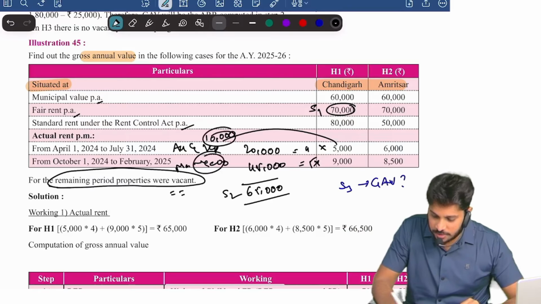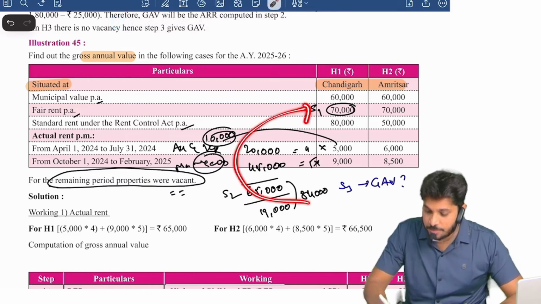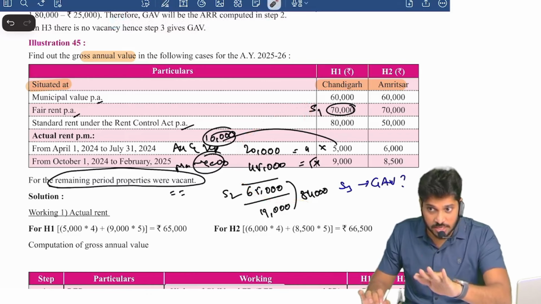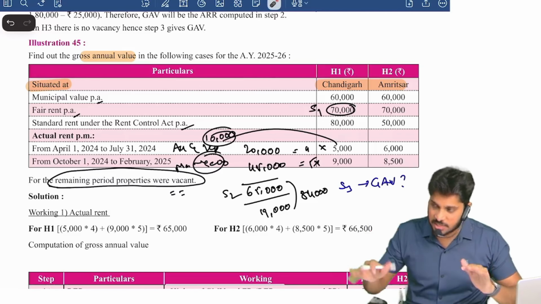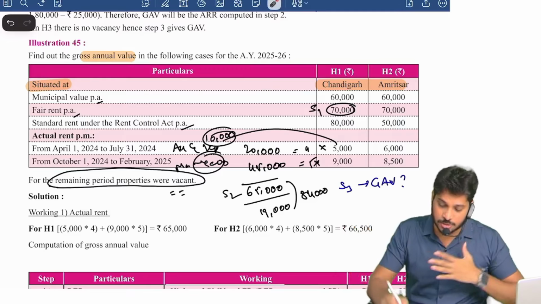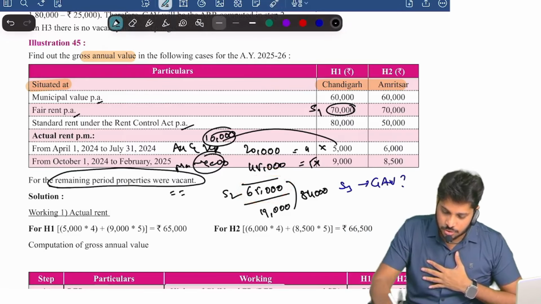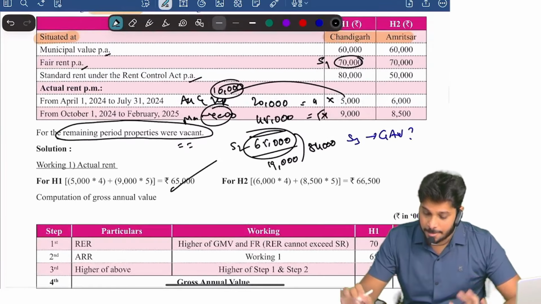So she would have received another 19,000 extra. If there is no vacancy, the answer would be 84,000, which is more than step 1. Right now actual rent is less because vacancy is there. So you should not charge me expected rent. You should only charge me actual rent originally received. So GAV is 65,000 for house number 1.